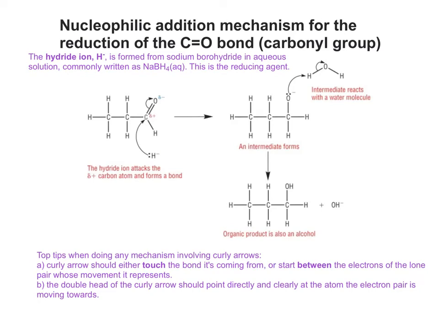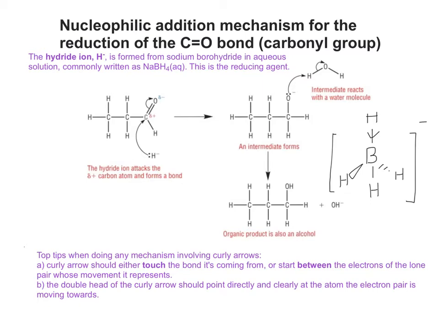The name of this specific reducing agent is sodium borohydride, and it has to be in aqueous solution for this particular mechanism to work. You don't need to know very much about it, but just for curiosity's sake, I'll take you through what the borohydride ion looks like. It's basically a boron atom with 4 hydrogens around it, one of which is dative covalently bonded.